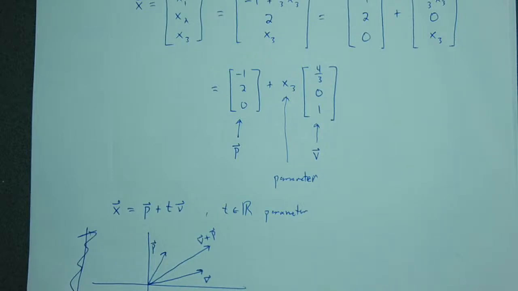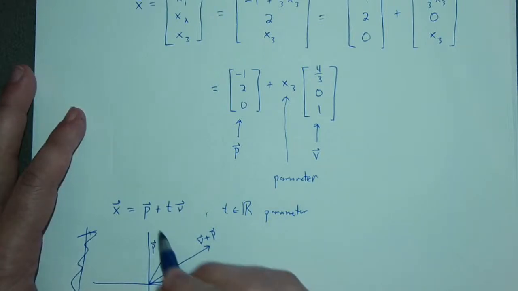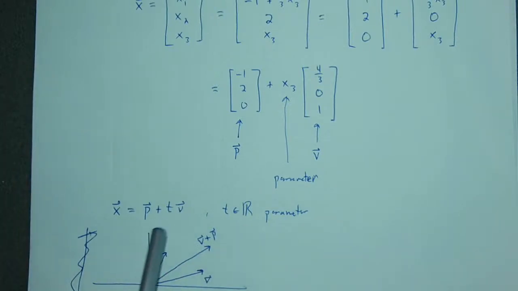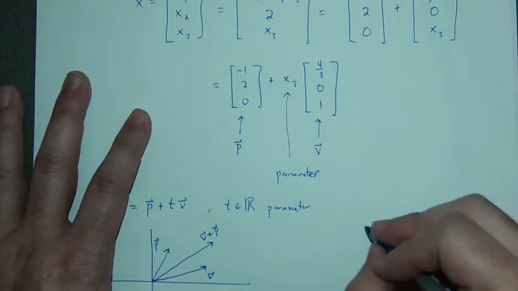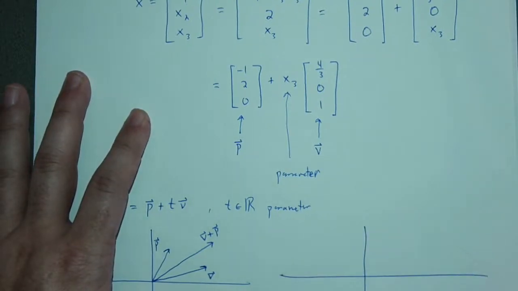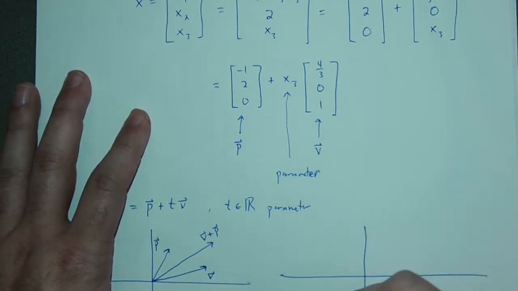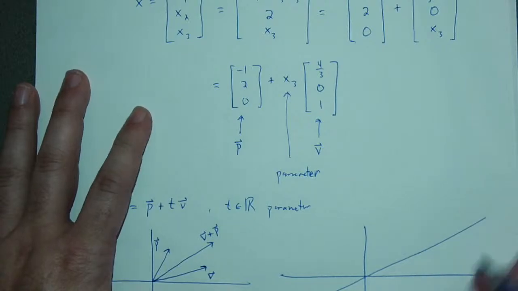Okay. But then what am I doing when I add not just v to a vector p, but I add t times v? What am I doing? So really what I can think of is I have a line here that is all scalar multiples of v.